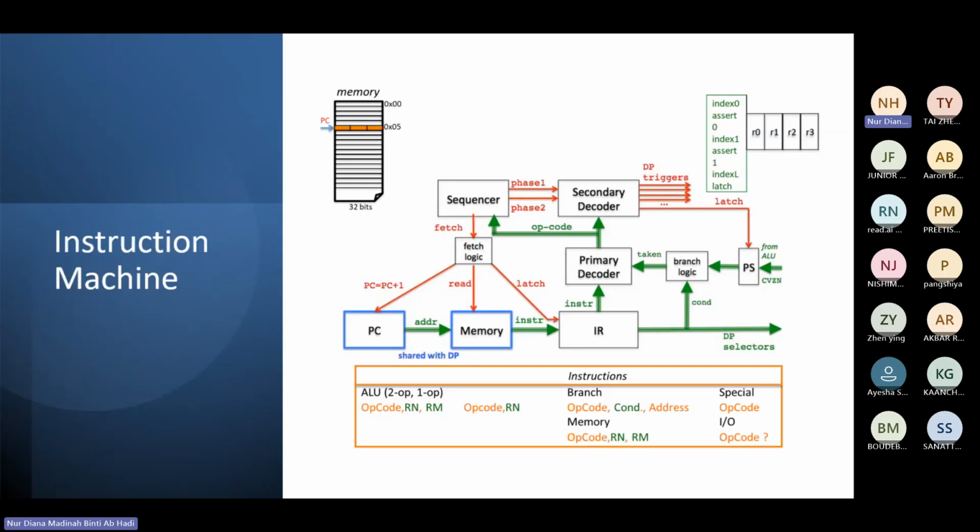So this is the architecture of the instruction machine. This one is your homework, where you need to explain in your own words how this architecture is used for your instruction machine.